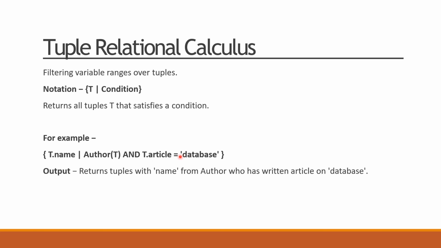So the tuple's article should be equal to database. Basically it returns the name from the authors who have written an article on database.